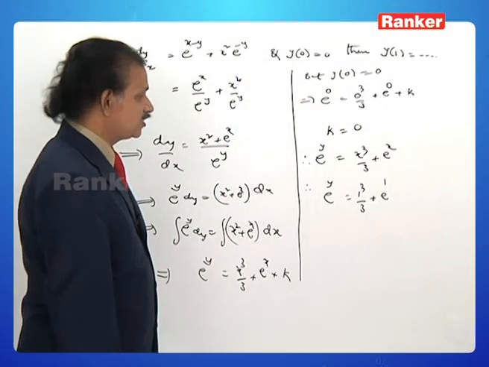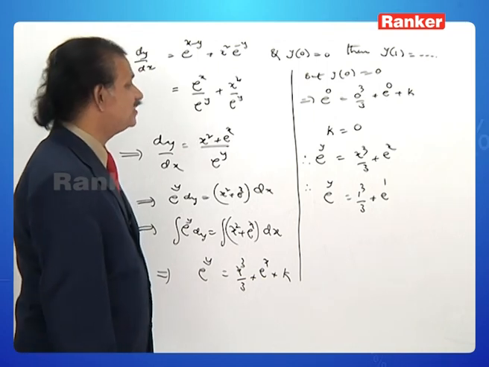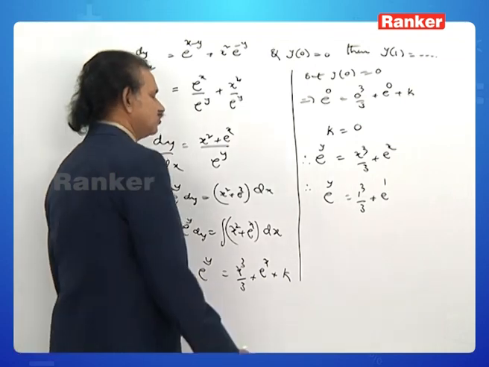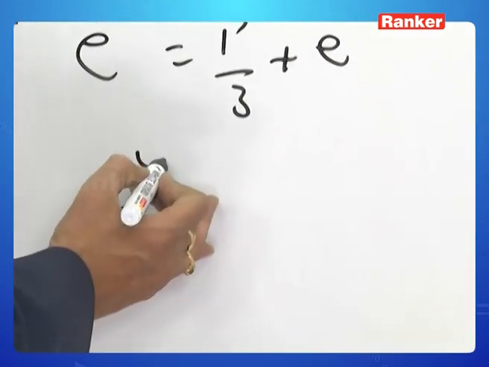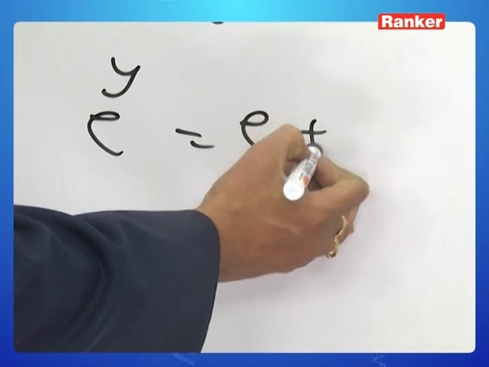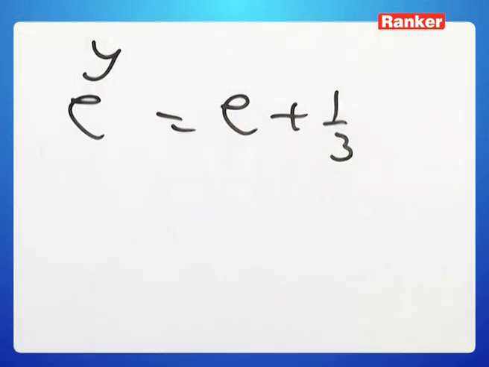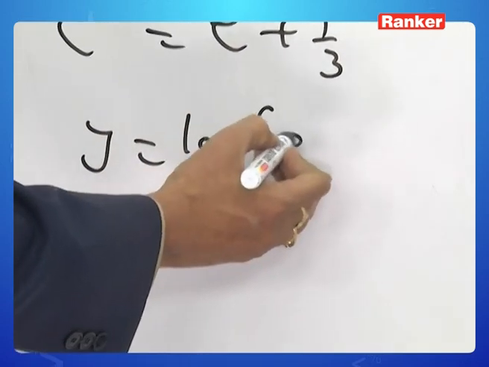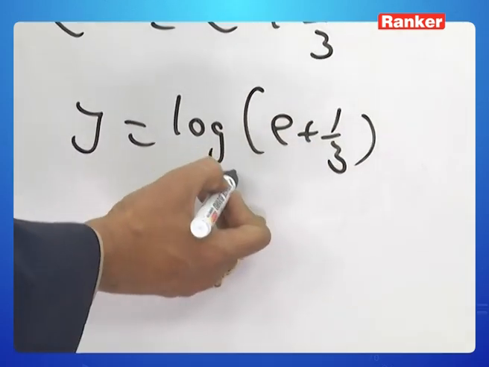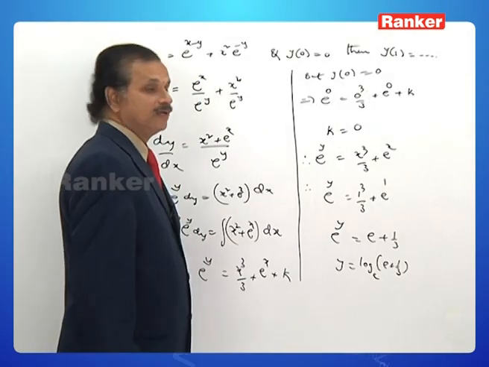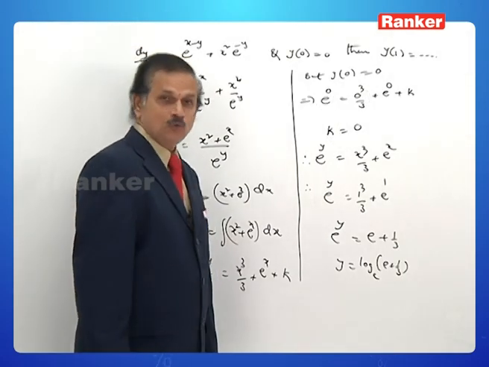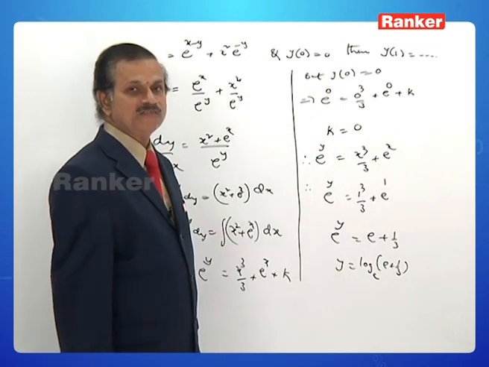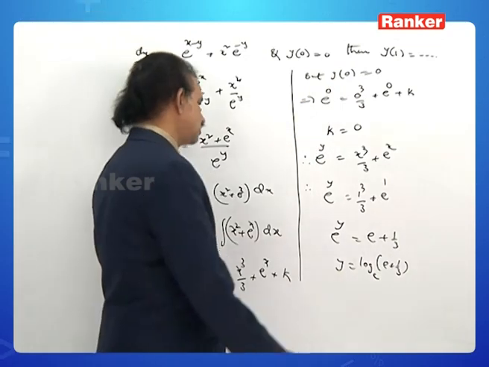We are substituting x as 1 and we want to get y. So e power y is equal to e plus 1 by 3. From this, y is equal to log of e plus 1 by 3 to the base e.